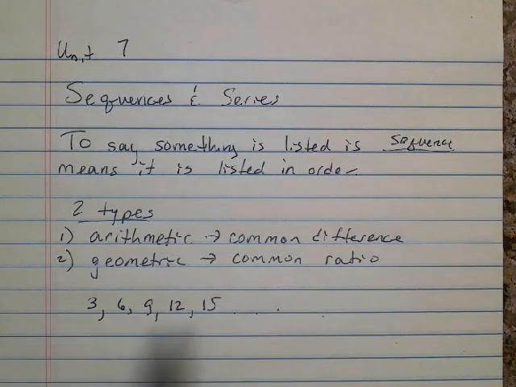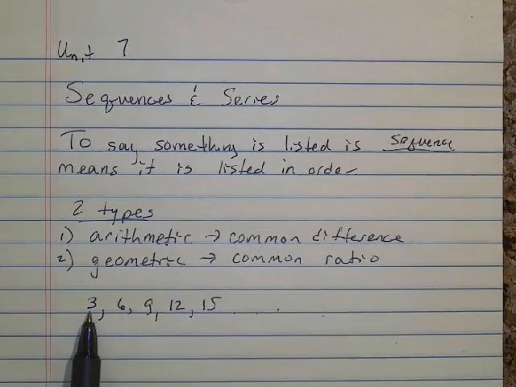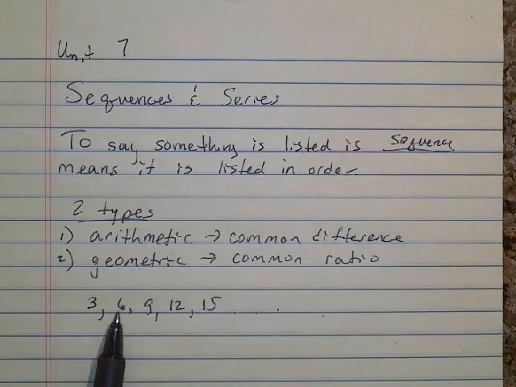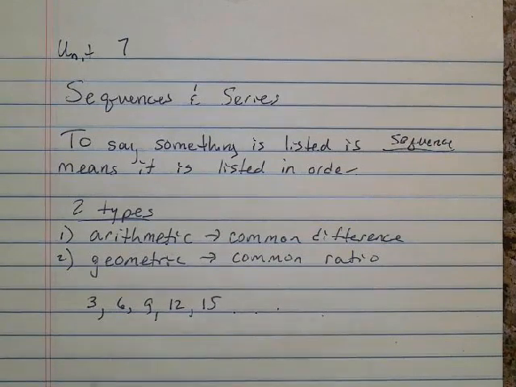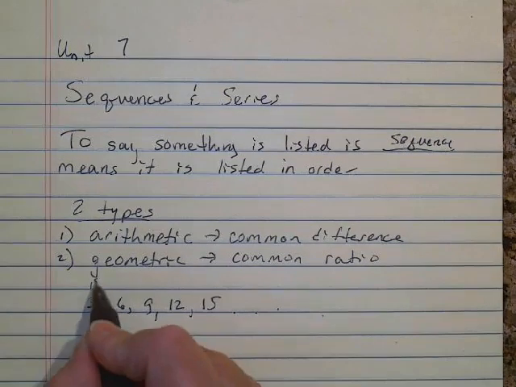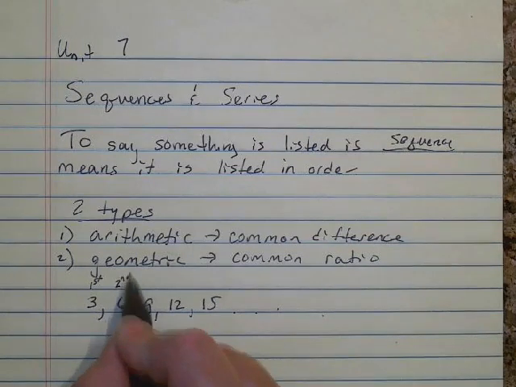So as you can tell in this sequence, I have a first term of 3, second term 6, third term 9, and so on.